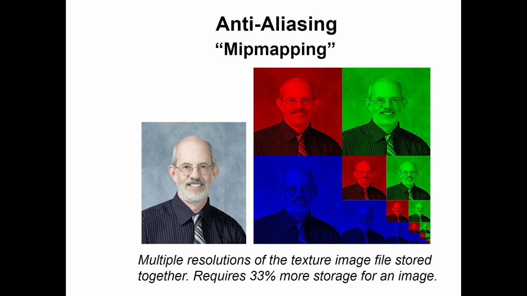And it can be done in such a way that it only requires a third more of the storage than the original image. So it's not necessarily as scary as it sounds when you talk about generating lots more versions of textures.